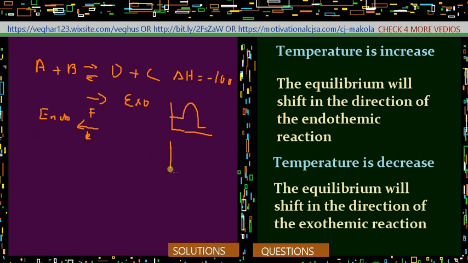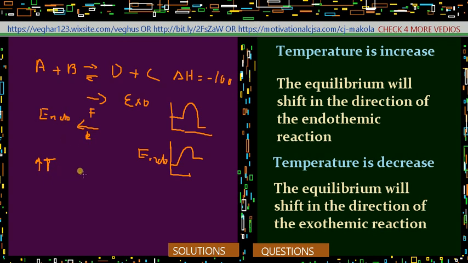This means the graph is like this. You start with this side and go to this side, so we start with the lower energy and end up with the higher. This means it's an endothermic reaction. So if the statement says they increase the temperature, increasing temperature favors what?